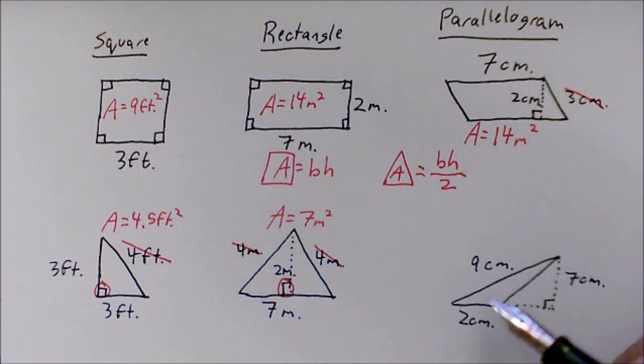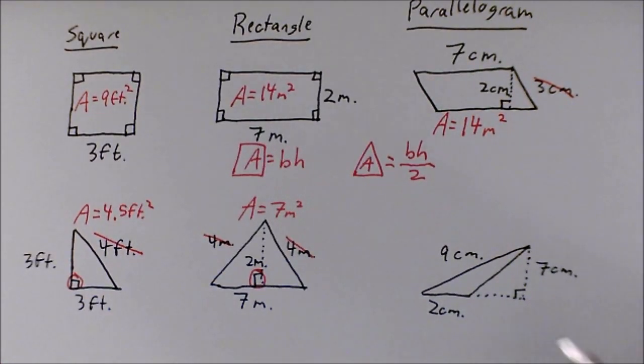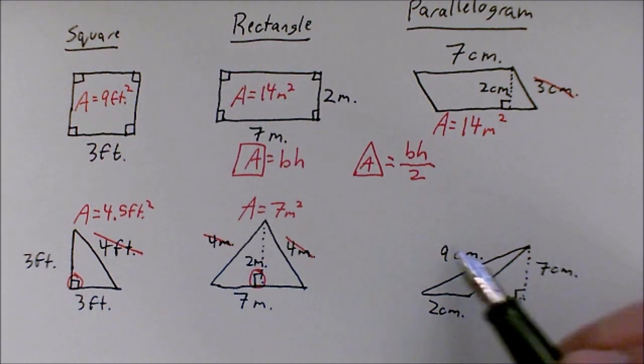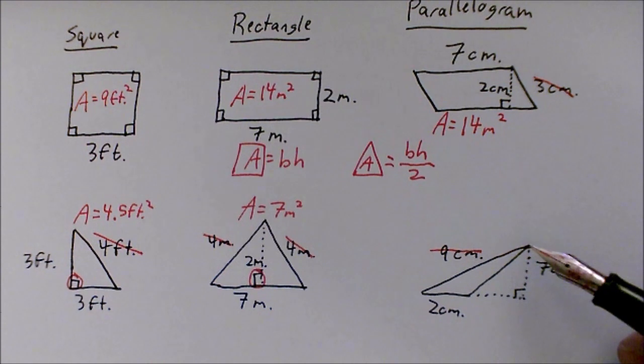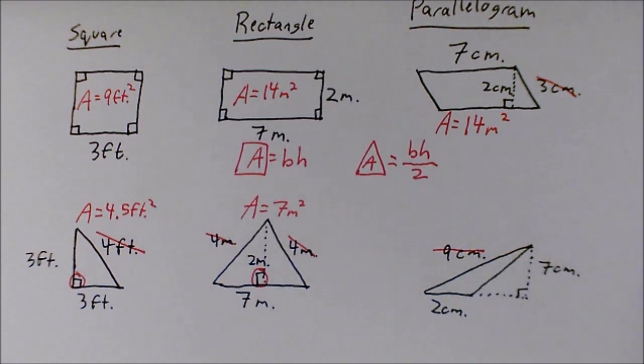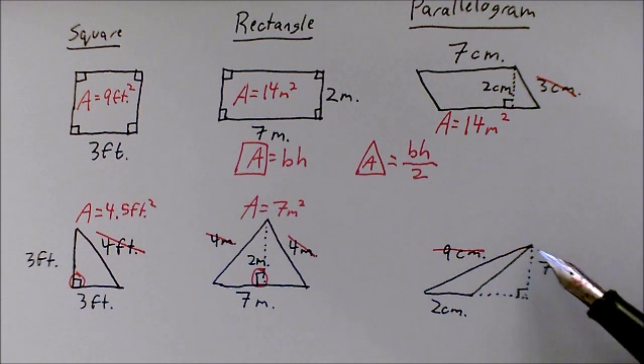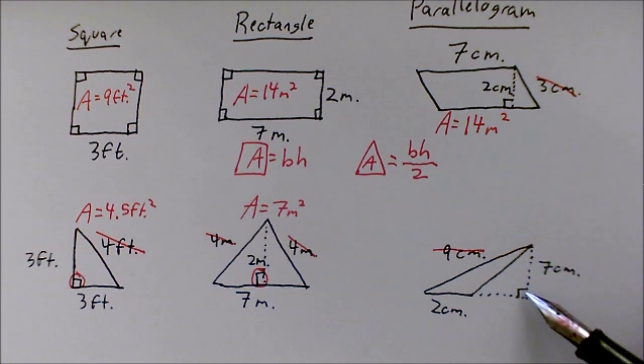And finally, for our obtuse triangle, we have 1 diagonal line that is not used, and that is 9 centimeters. Off to the side, which is common with obtuse triangles, there is a dotted line forming a right angle mark.